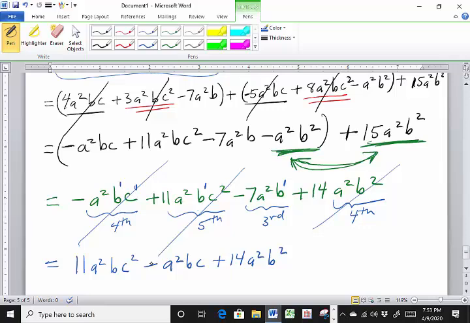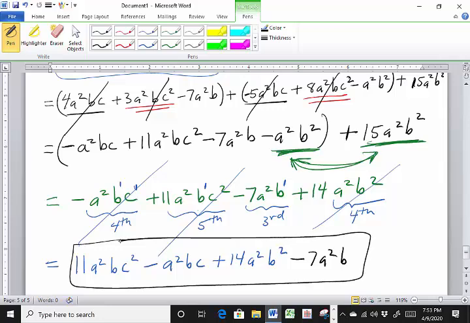And then our last one is the 3rd degree term, so that's a negative 7a squared b. Okay? So this is written in descending order, and that would be the final result.